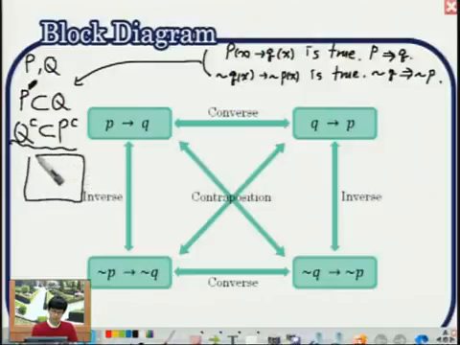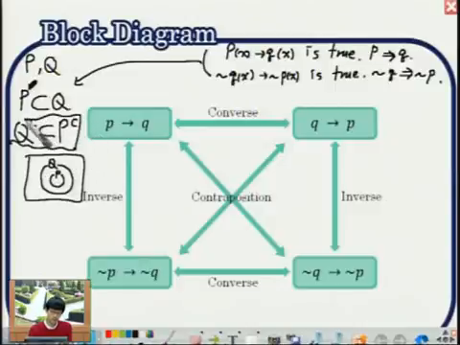I can draw the Venn diagram for you. If this is Q and this is P, then the complement of P is bigger than the complement of Q. Is it right? So this must be right.